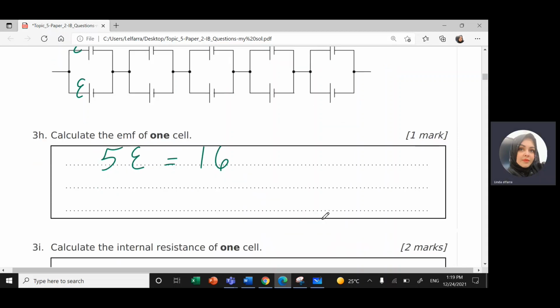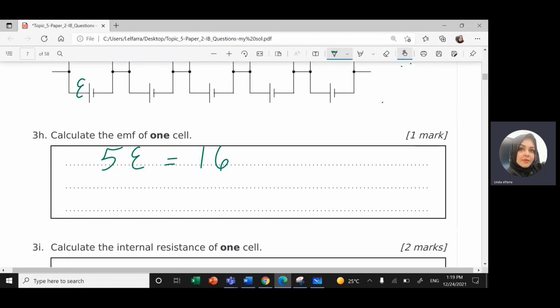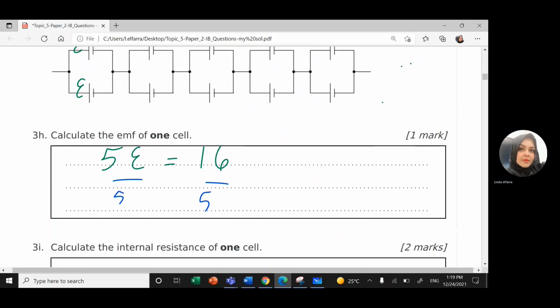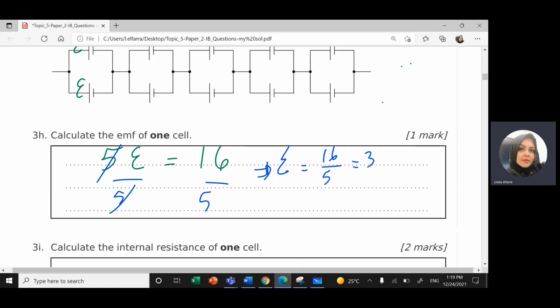So I need the value for the electromotive force for one of them, divide both sides by 5. So E will equal 16 divided by 5, and this will give us 3.2 volt.